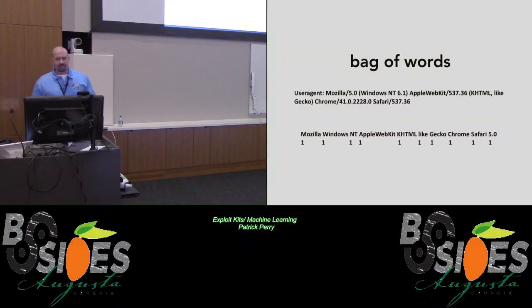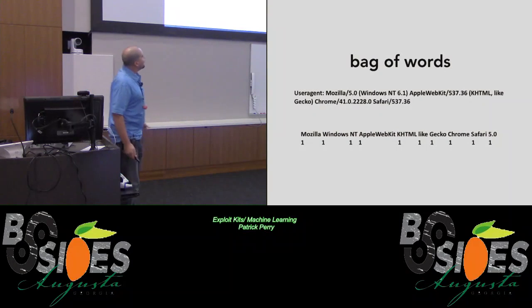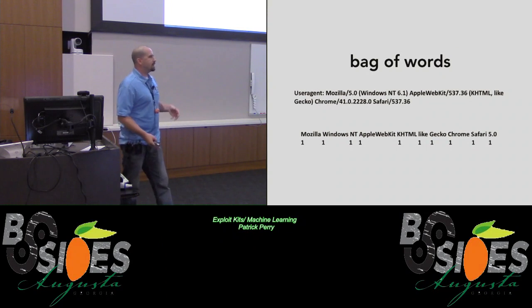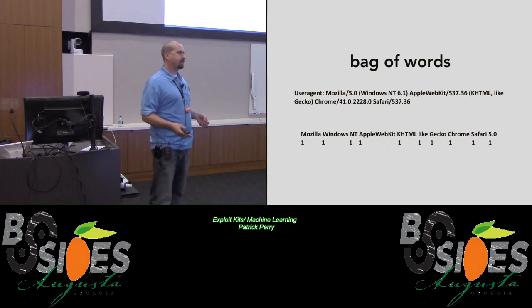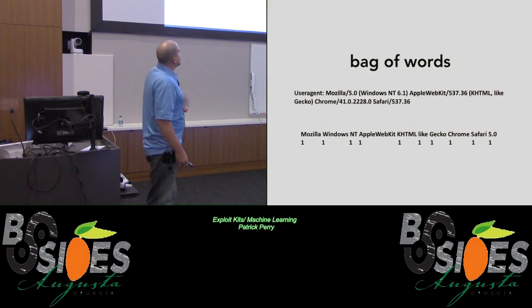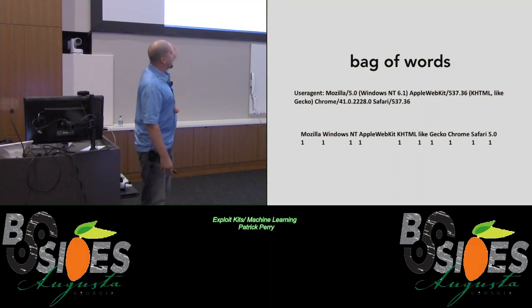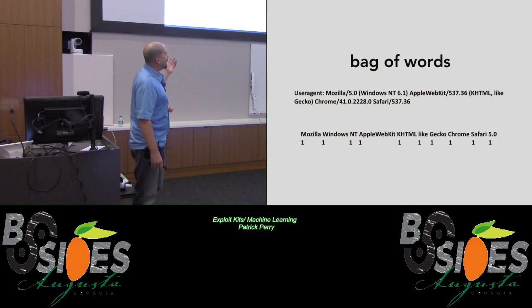Real quickly, I just like bag of words. I think it's fun to say. But we have this issue with machine learning where it doesn't work really well with strings, so you just have to figure out a way to think of them in terms of numerical values. Like I just used an example of a user agent. You could say, okay, this is a bad user agent, this one is not, this is normal.